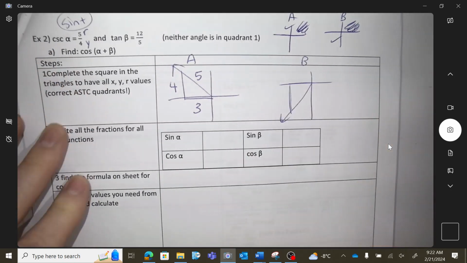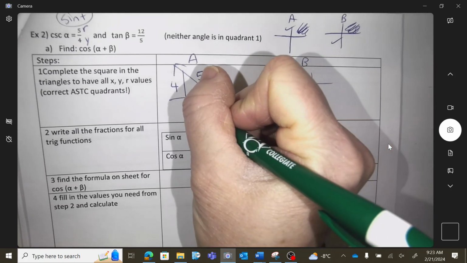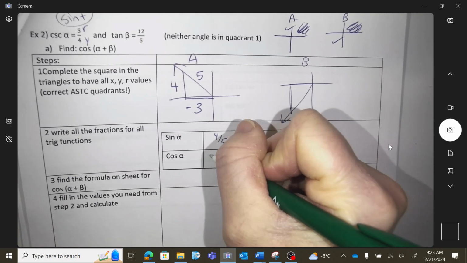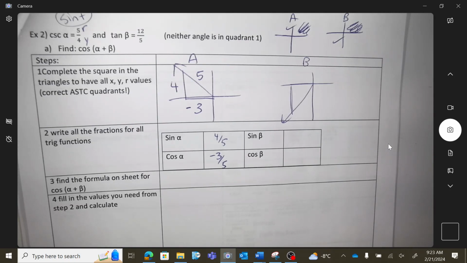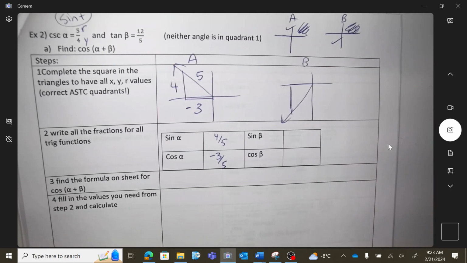Maybe some of you have your 3, 4, 5 triangle memorized. Positive or negative 3? Be negative. Okay, so I'm going to fill in my little chart organizer. Okay, you ready to go to B? Put a 12 and a 5 on that triangle.